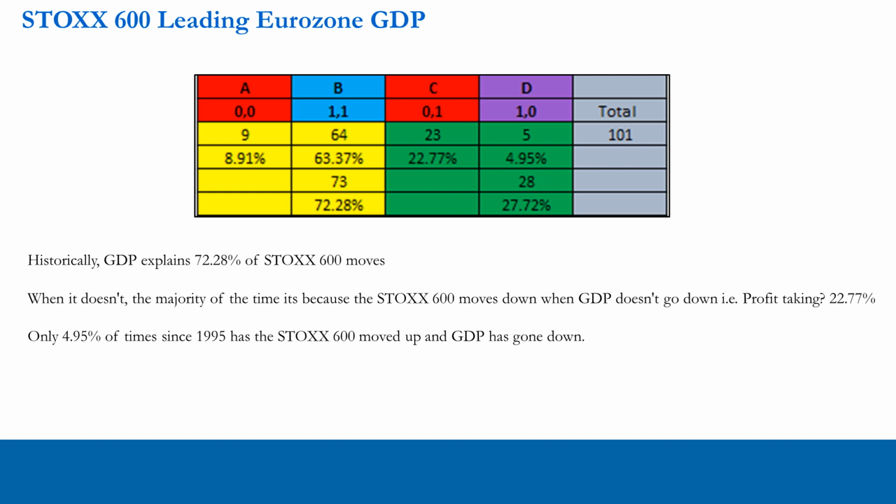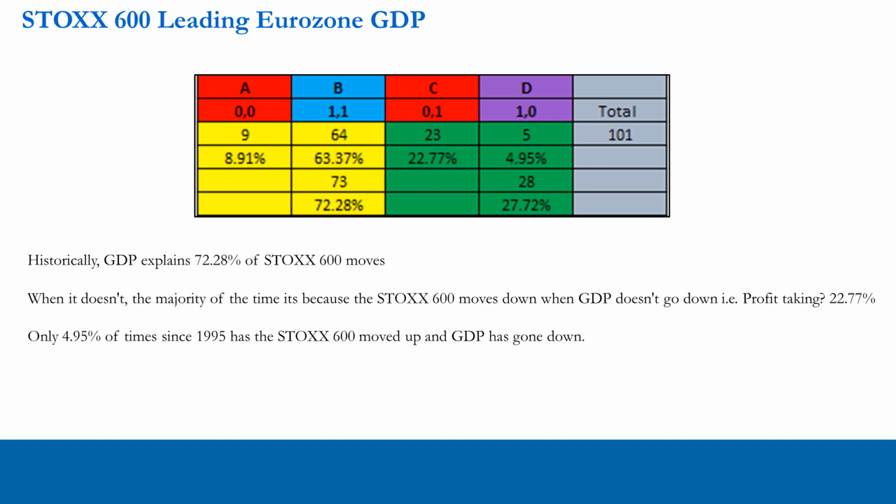Now, if you look at the table there, you can see the cases of 0, 0 and 1, 1 marked in yellow on the left-hand side, and 0, 1 and 1, 0 marked in green. The 0, 0 and 1, 1 situation is basically when the index and GDP growth move in the same direction.